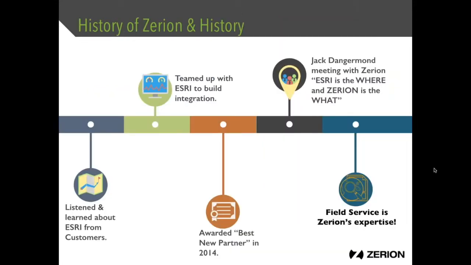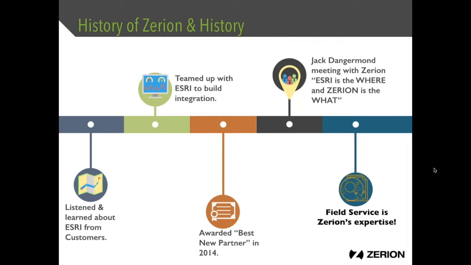On the first slide, I'd always like to talk about the history we have with ESRI. I think it's great how the timeline basically explains it here. From the get-go, Zerion Data Collector gives you the ability to collect complex and robust data out in the field. We heard story after story and use case after use case from our customers that are constantly leveraging, whether it's ESRI or any sort of mapping source, but mainly ESRI, in the field.